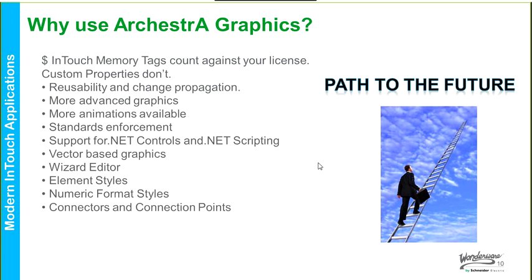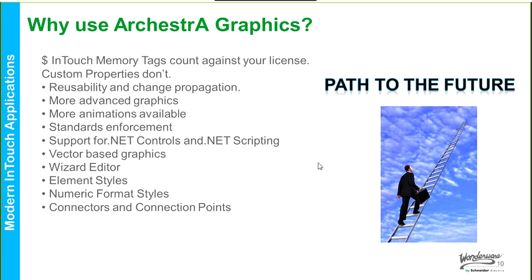So what are the benefits when we're looking at Orchestra graphics? What are the main benefits here? Well, if we start by looking at InTouch memory tags and IO tags, these are the ones that you need to buy a license for. So if you combine all your memory tags and IO tags, then you have a total sum of how much you need to buy a license.